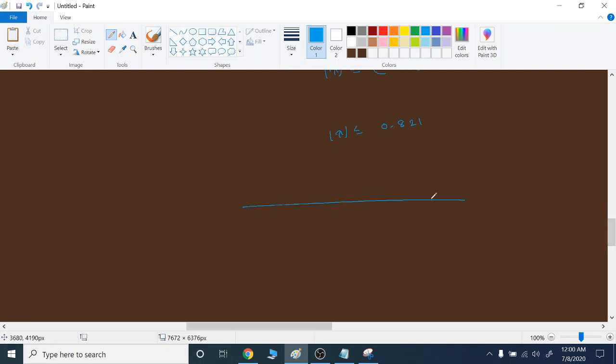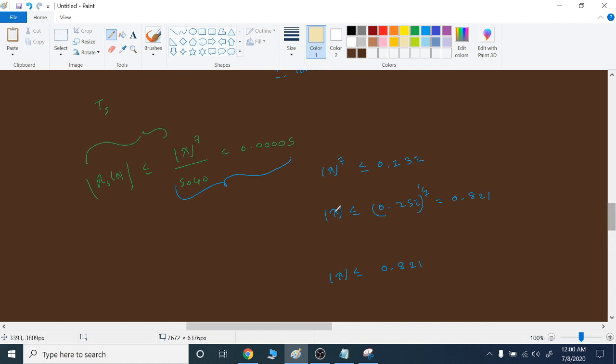That means if we draw the real number line, these two should be of equal length. Sorry for that, these two should be equal length. Here you have negative 0.821 and here you have positive 0.821, and if we choose an x value from this region, this calculation tells you that the error will be less than that amount.